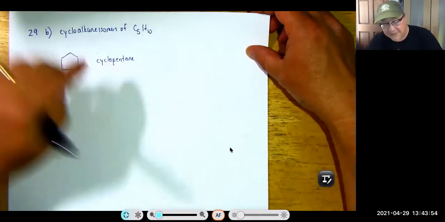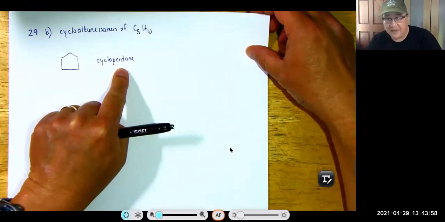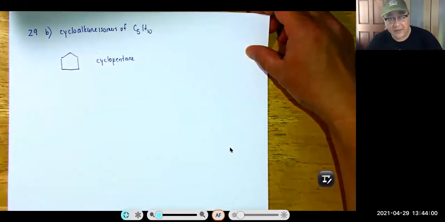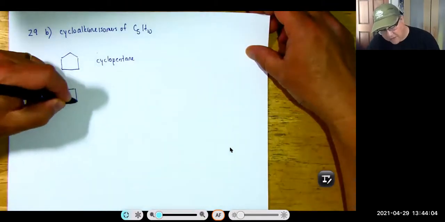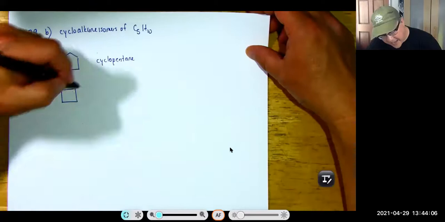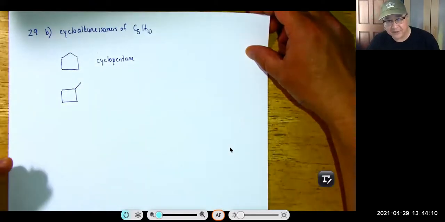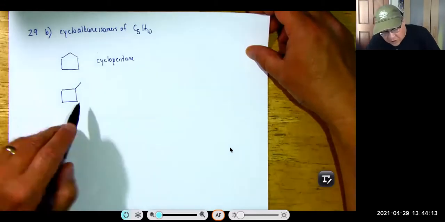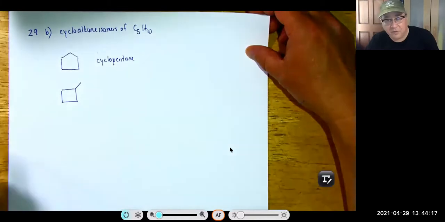So the parent is actually cyclopentane, and the parent is the biggest, the ring. Now, if we make the ring one smaller, we only have 4 carbons, but if we add a carbon as a substituent, we now have this thing, which is called a methyl group. Which carbon is that methyl group on?